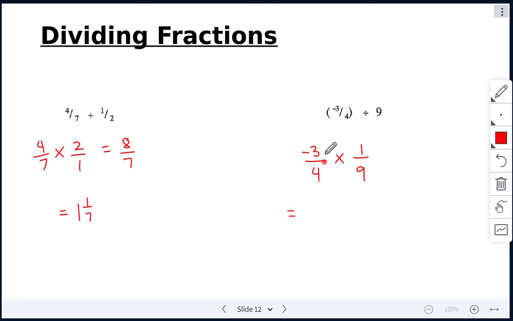So we end up with negative 3 times 1, which is negative 3. 4 times 9 is 36. I could have reduced here. I just forgot to reduce. But I'll reduce here at the end to give me negative 1 over 12. And that's the final answer.